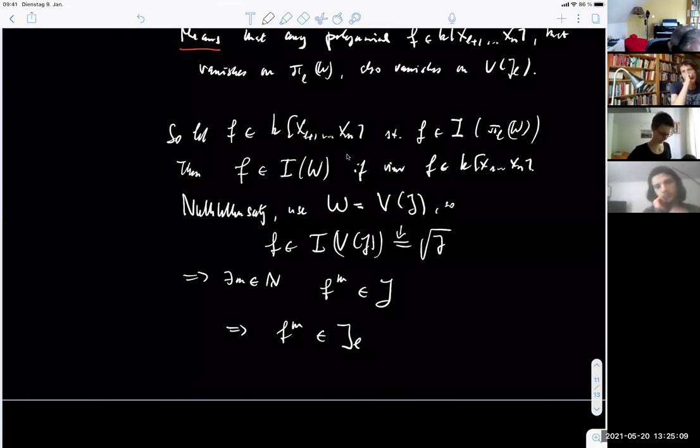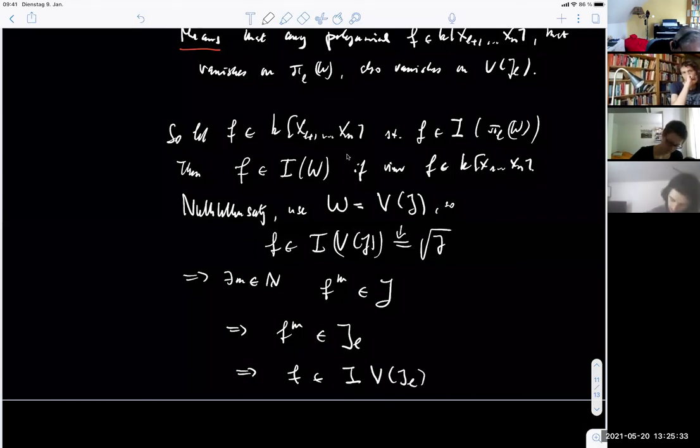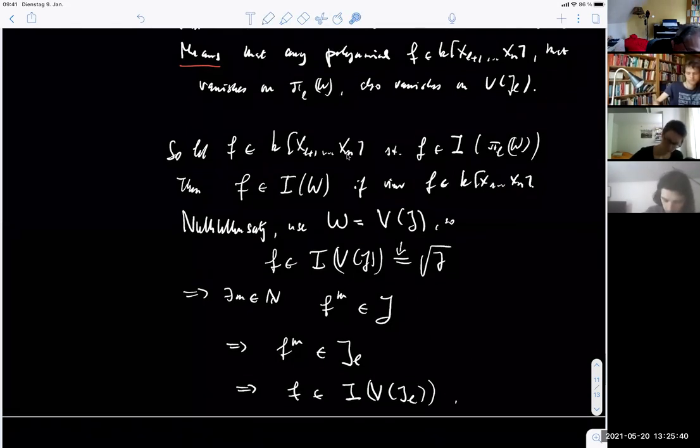Maybe, this is actually not necessary, but why not write it? F is in the vanishing ideal of the zero set of J_L. So I have shown actually what I wanted to say. This F vanishes here.